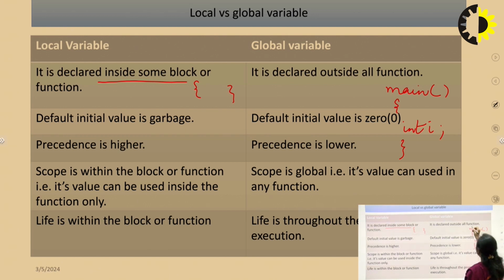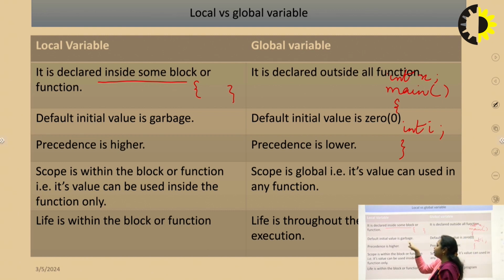And before main, if I write int x, so x is global. That is outside the blocks. The curly brackets confine you within the blocks. They are creating the boundary for variable i. That is why i is the local variable and x is the global variable.